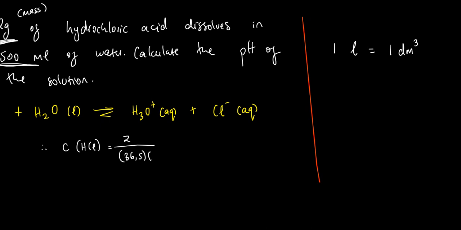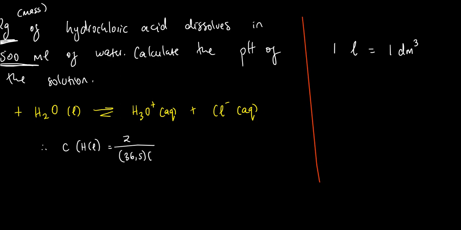The definition of concentration says it is the number of moles per liter of solution, right? And why does it say per liter? This is because decimeter cubed is the same as a liter, right? So hope that we got that.